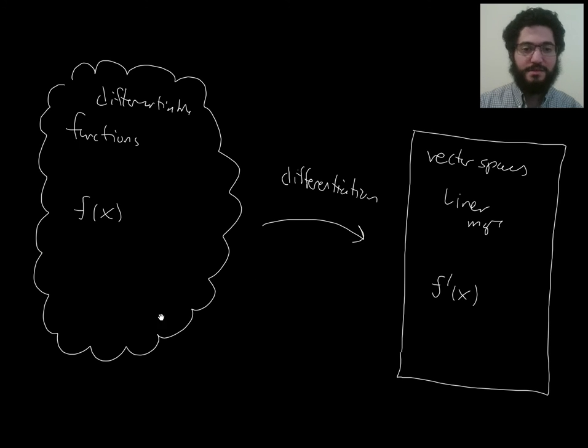On the left side, you've got the world of differentiable functions, and on the right side, you've got the world of linear maps. And differentiation is what in category theory you might refer to as a functor from this messy world into this clean world. And thanks to the chain rule, basically the statement of the chain rule is that this transition from messy to clean preserves composition.